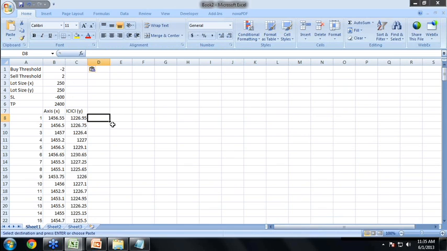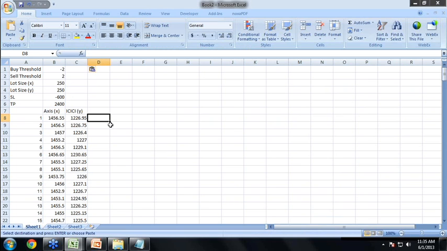So the first thing to do is that we are trying to trade this pair, Axis and ICICI. But first we need to establish whether both these series are actually co-integrated or not, right? If they are not, in that case, either I should not be trading it, or I should be doing something to make the process stationary first, right?